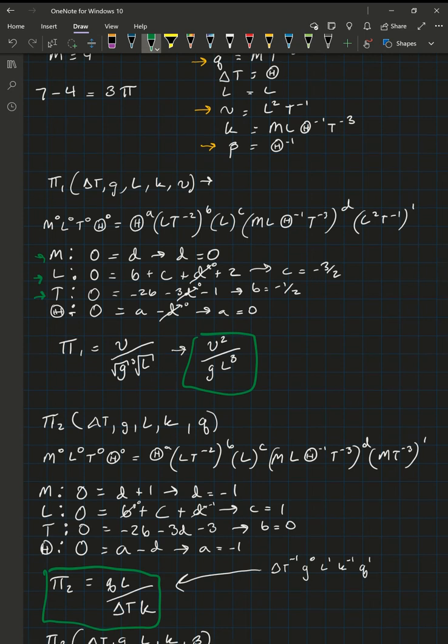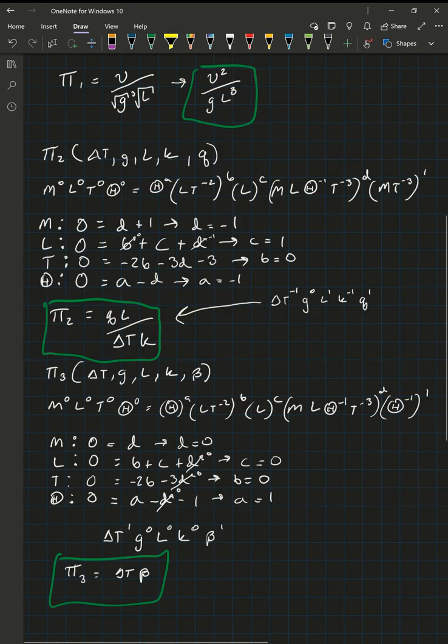That will help you develop your system of equations to determine the values of the exponents for your repeating variables, and then that will help you determine what the exponent is that will make up your dimensionless quantity, like in pi group 1.